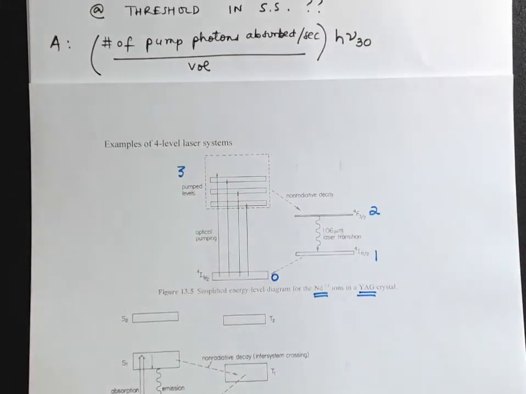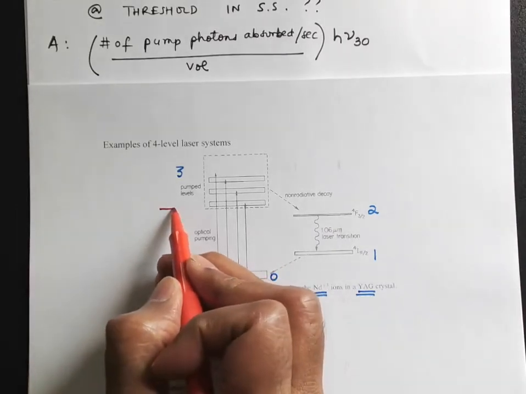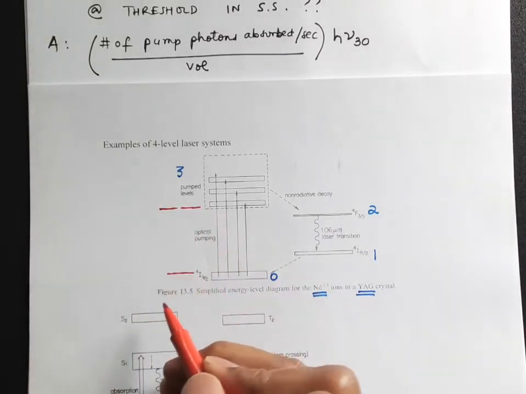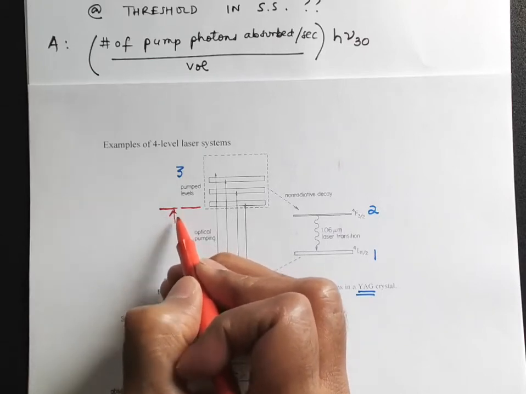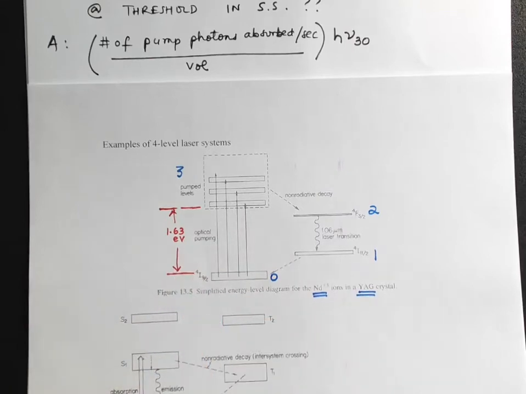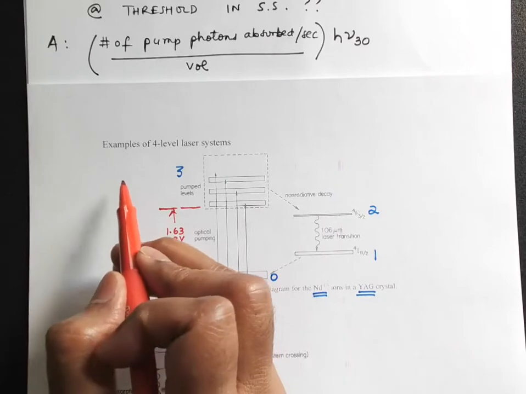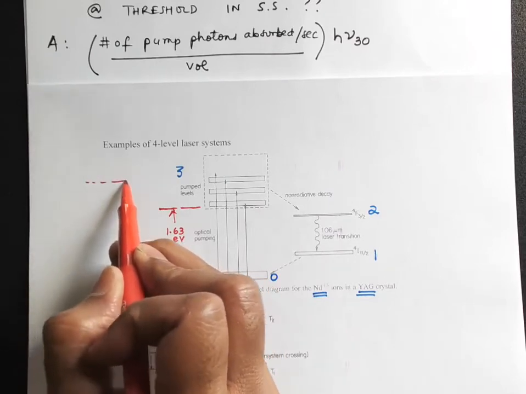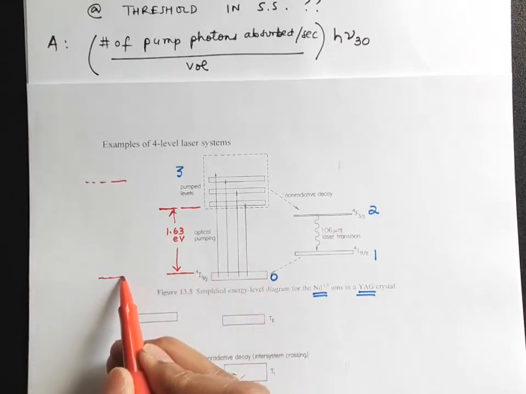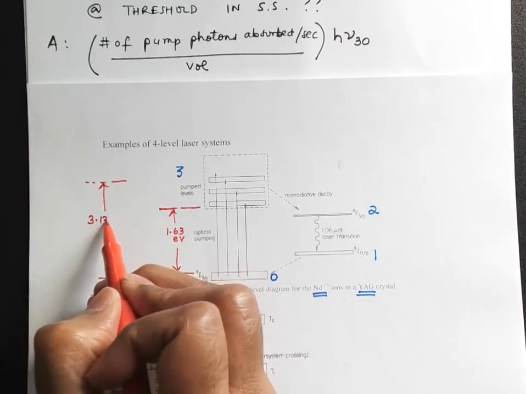I look up a book to find that up to the lower level here, this is 1.63 electron volts. That's the energy gap. And then from the top to the ground, this gap is 3.13 electron volts.